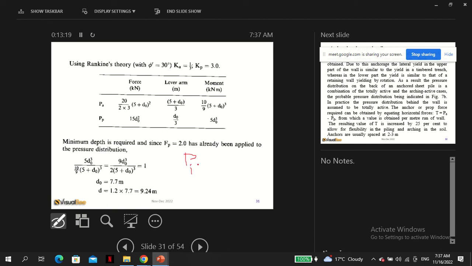moment over the active moment, the A, should at least be 1. So then you say 5d cubed over, and then you can guess and check which value gives you 1. You can see this overestimates the d naught a little bit. We have 7.7 and then d is 9.24.